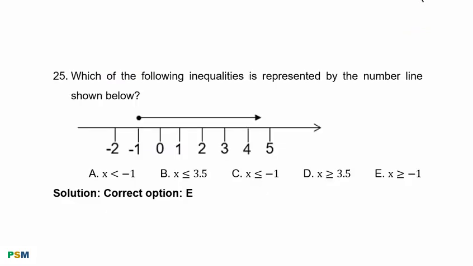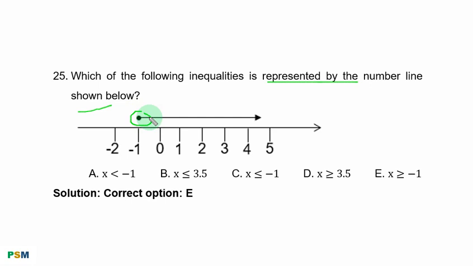Question 25. Which of the following inequalities is represented by the number line shown below? This thick dot shows either greater than or equal to or less than or equal to. Now, the arrow is pointing to numbers from -1.